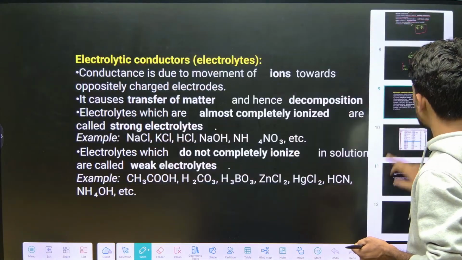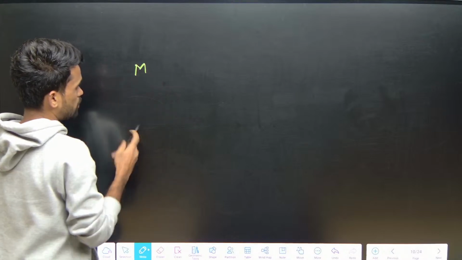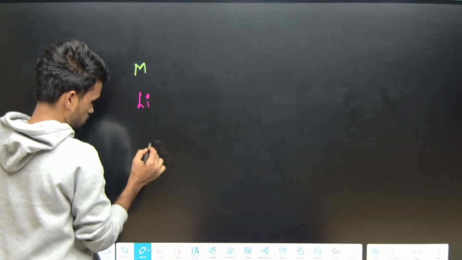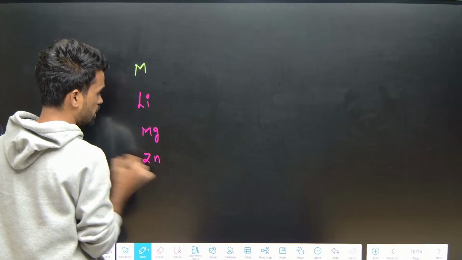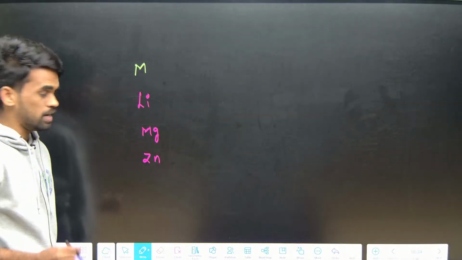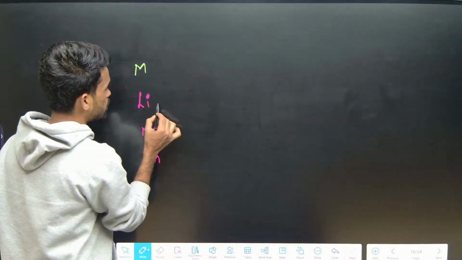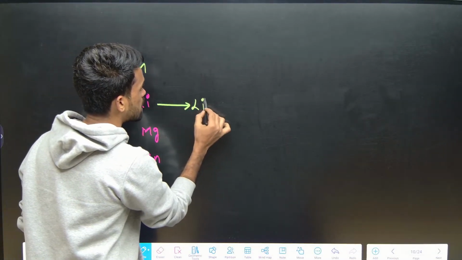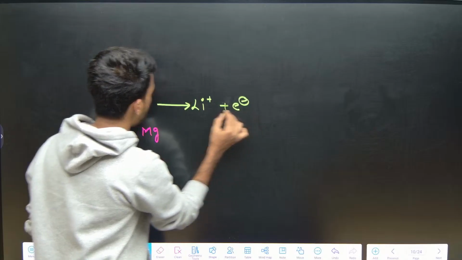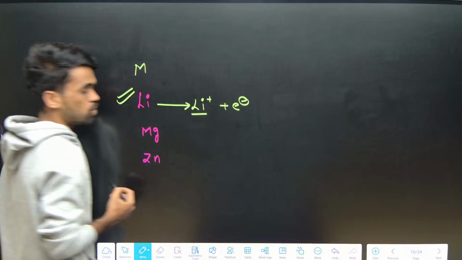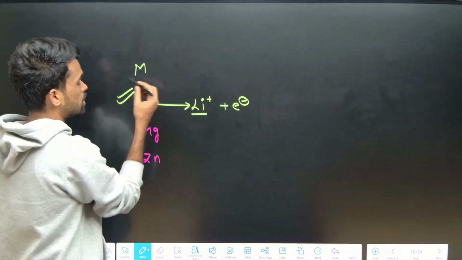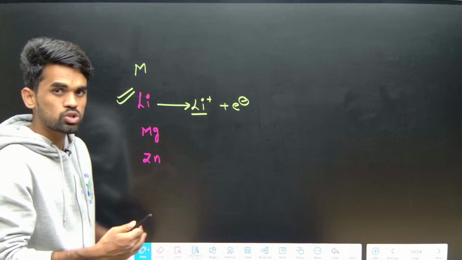Now let us discuss some metals. If you observe some metals, for example here I am writing lithium and magnesium, and zinc, like this, all these are metals only. But here if you observe, some metals have more tendency to lose electrons, like alkali metals have more tendency to lose electrons and they exist in positive charge. We know all metals try to be electropositive in nature.